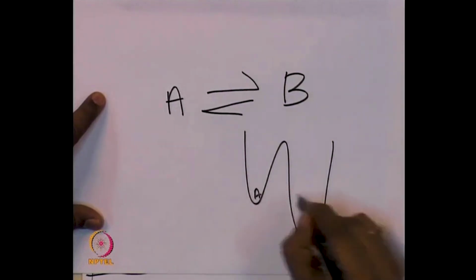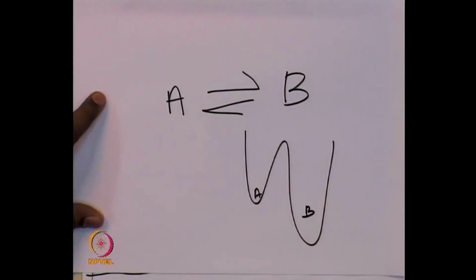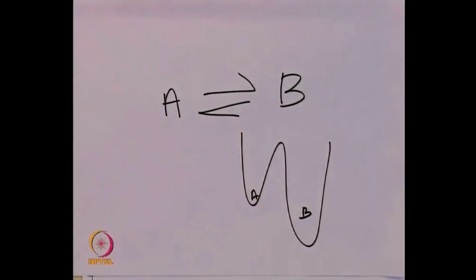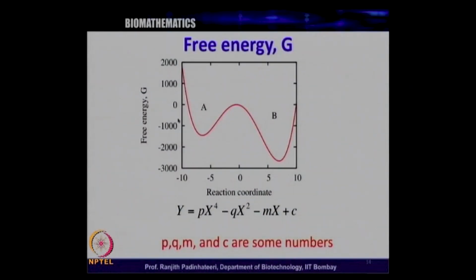So this is state A and this is state B. So this is a protein having two shapes, or a chemical A converting to B and back. All this can be represented, and you see a free energy diagram immediately associated with this, which has this particular shape. How do we get this?